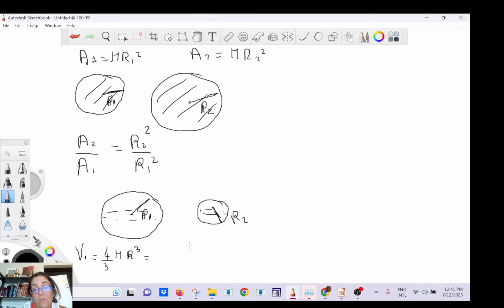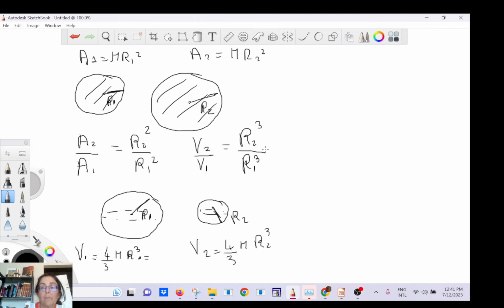So of course the volume 2 is 4/3 pi R2 cubed. So you can say that the volume 2 is to the volume 1 what R2 cubed is to R1 cubed. So there is a cube dependence here.